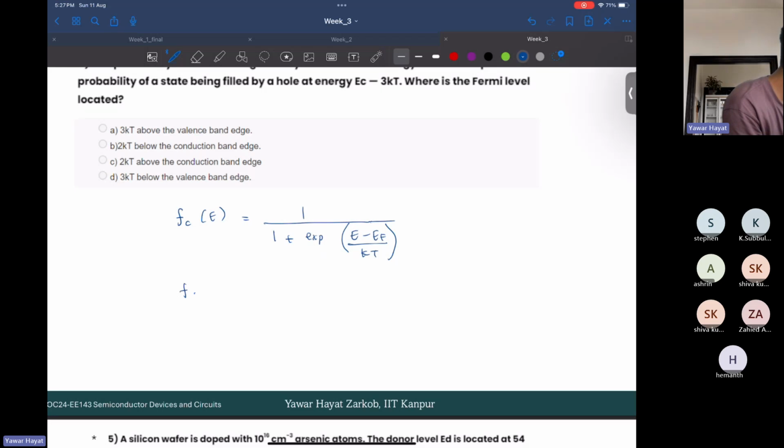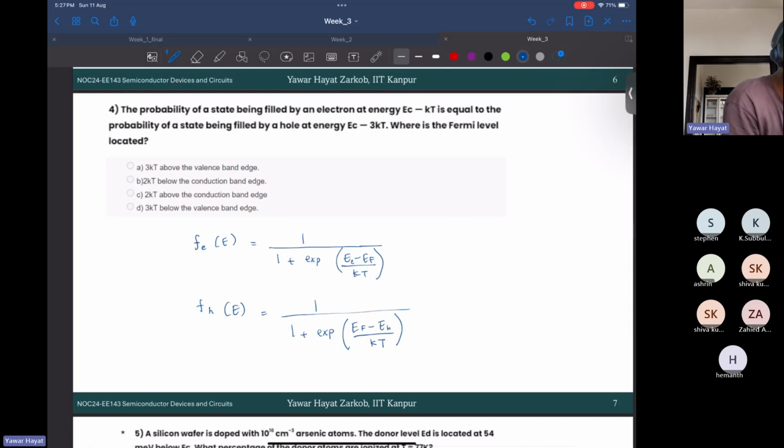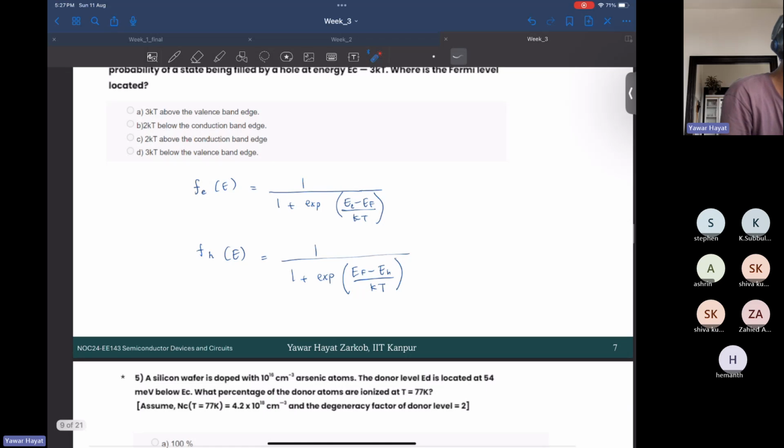Let me write EE and EH to distinguish them. That would be 1 by 1 plus exponential of EF minus EH by KT. So EE is the state that is filled by an electron, and EH is the state that is filled by a hole. Fine, so these two are done.